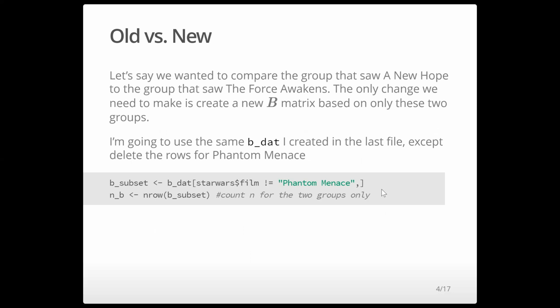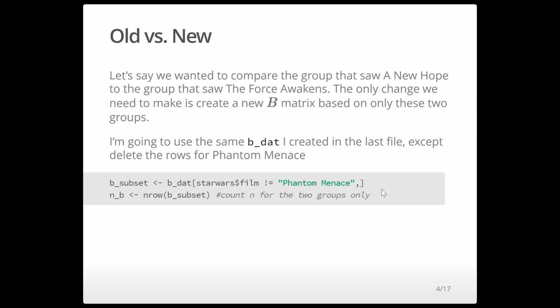So I'm going to use the same B data that I created in the last set of slides, except I'm deleting rows for the Phantom Menace. Just as a reminder, the B matrix replaces every row of data with just the group mean, or the group mean vector in the MANOVA case. So here I'm just deleting every row that was the Phantom Menace.